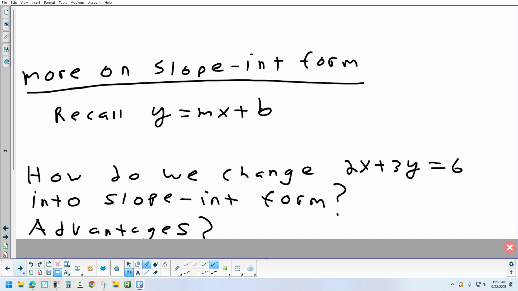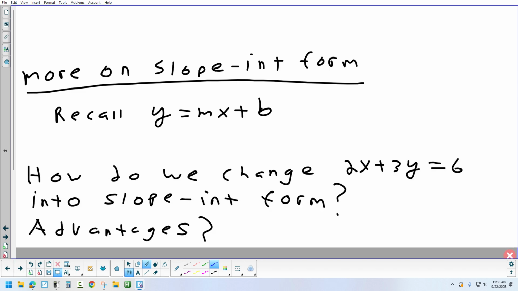Slope-intercept form. Well, here's something that's not y equals mx plus b, but we could fix it. What would be your first step to get y by itself in that equation? Subtract 2x. Okay, is that y equals mx plus b now? You have to divide by 3.